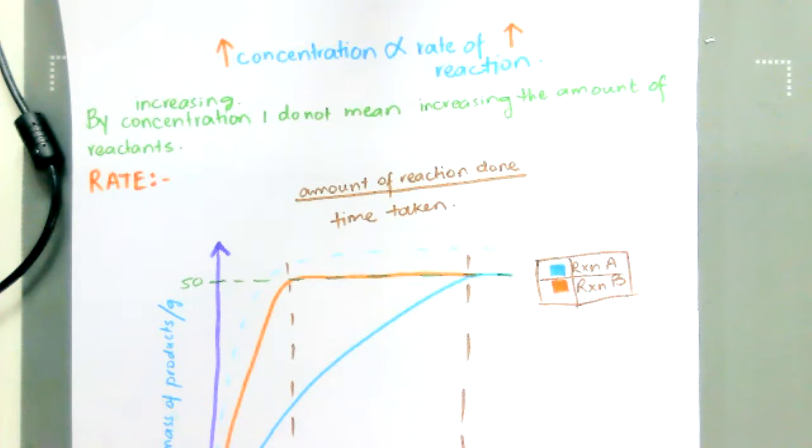You should be able to explain the effect of concentration on the rate of reaction using the kinetic theory of matter, in terms of the number of collisions.